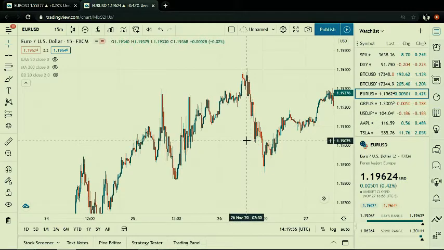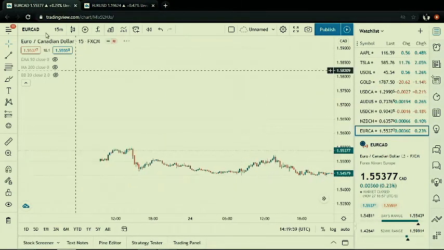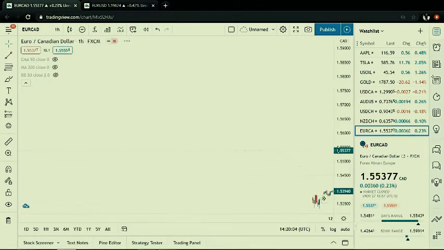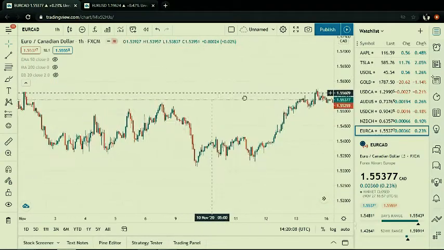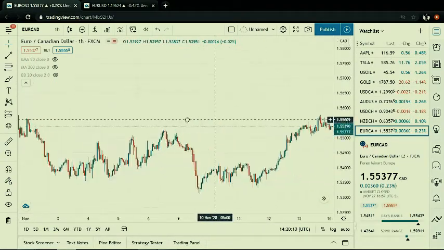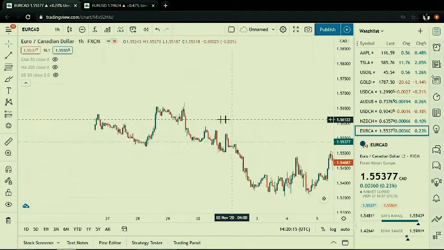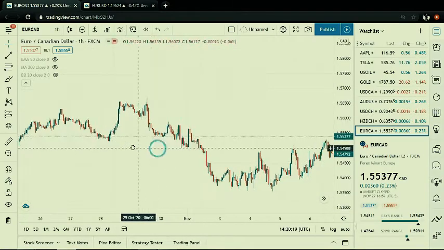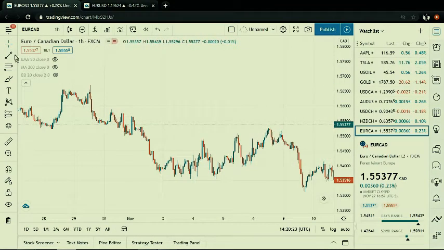So let's look at another example and see how we could use the Fibonacci. Let's look at the 1 hour time frame. Okay. So imagine we draw a fib from this place.